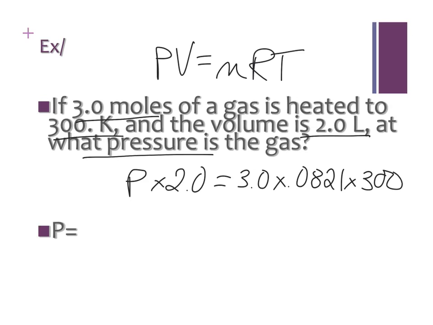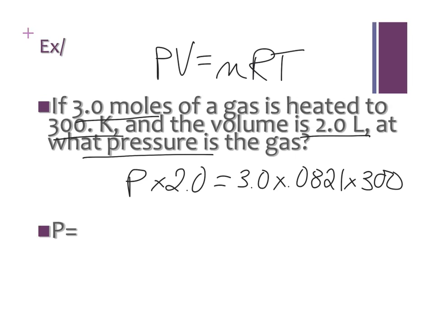So we're going to go ahead and plug this in. You want to multiply out the side that you already know everything on, which this time is the right side. If you want to write out what the sides are and say 2 times P is equal to what the other side is, which would be 3 times 0.0821 times 300, you could go ahead and do that. I would just write out the side all the way multiplied first and then divide it.